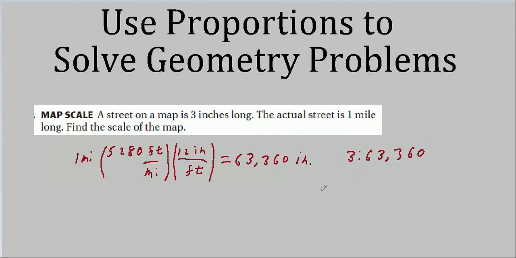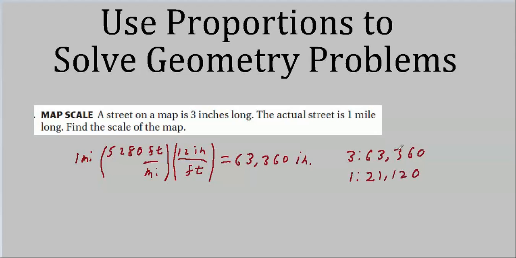That's one way to do it. Or just divide through. For instance, divide this by 3, and divide the one on this side of the colon by 3. That also reduces it, in which case we get 1 to 21,120. So this is the scale without units.